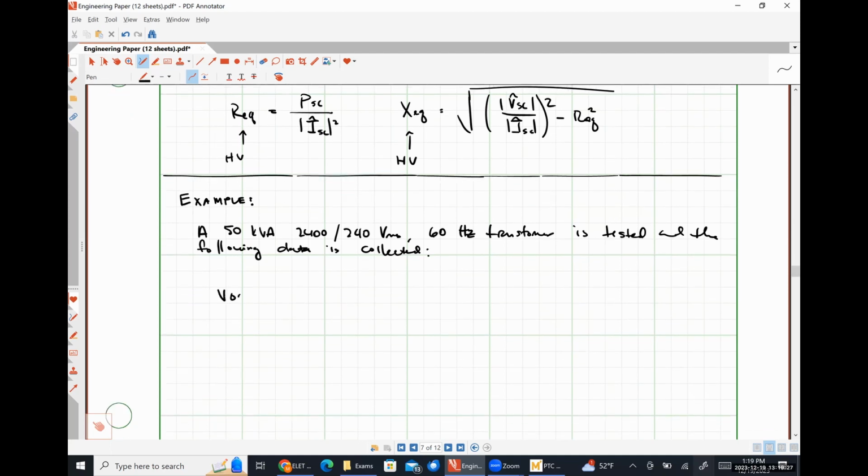So here is going to be our voltmeter data. Our ammeter data. And our wattmeter data. We'll do this in a nice table.